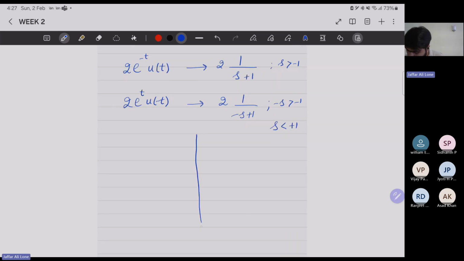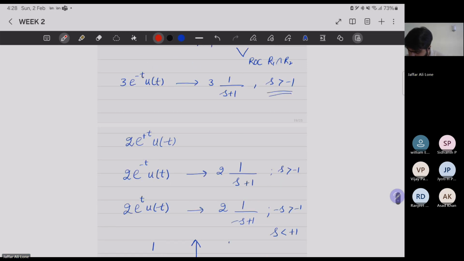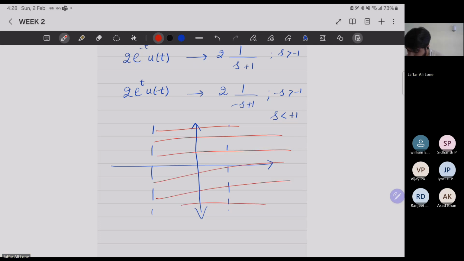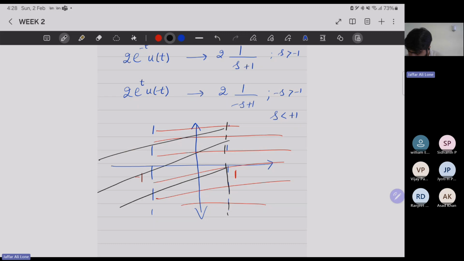So how can we find the ROC of the combined function? The one function's ROC is greater than minus 1, so the ROC is like this. The other function, this is 1, this is minus 1. For the other function, the ROC is here. Then what will be the ROC? This region, right?